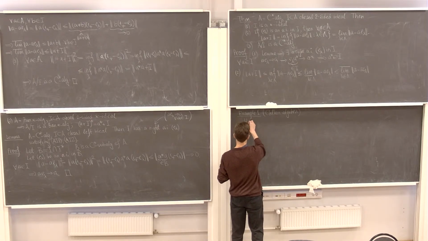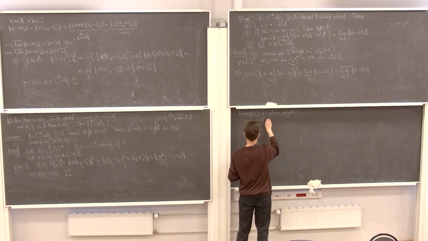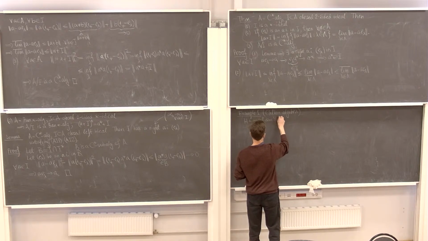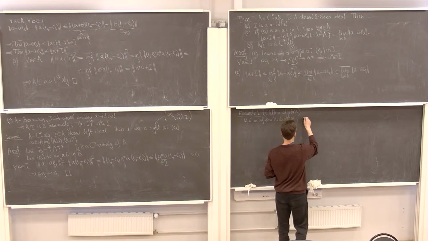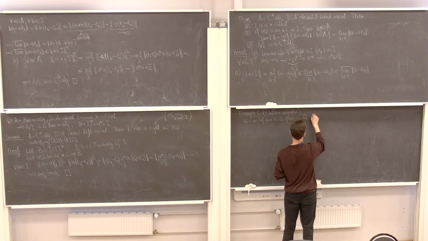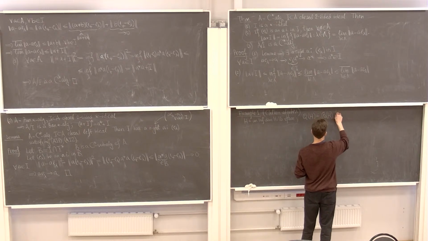We take an infinite dimensional Hilbert space, H, and we denote by Q of H the quotient of B of H modulo the ideal of compact operators.